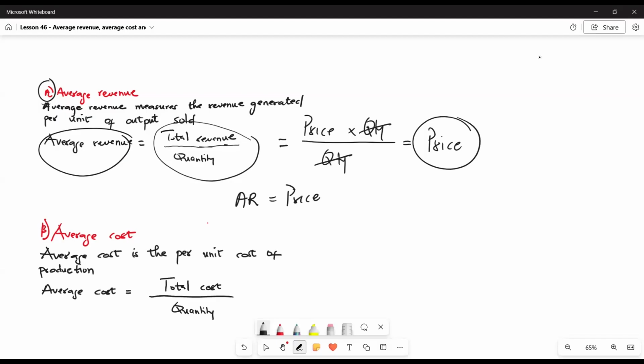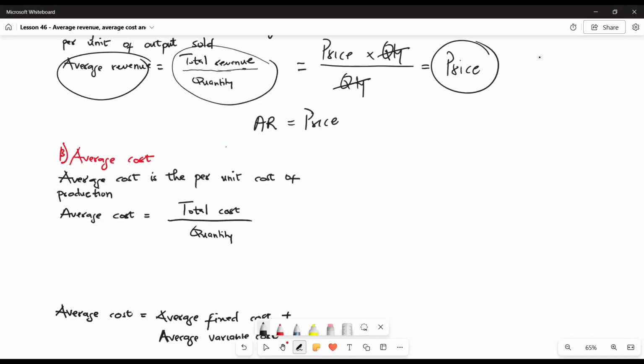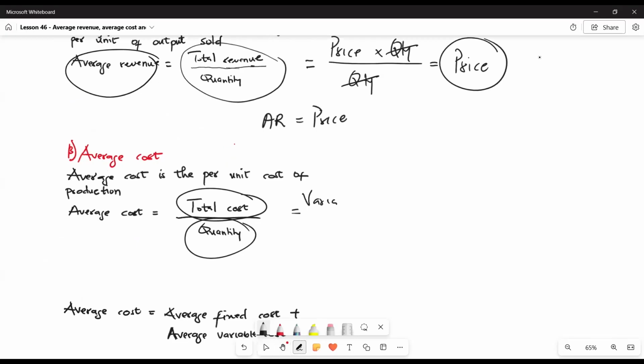Now let's move on to the average cost curve. The average cost curve is the per unit cost of production, and it is calculated as your business total cost divided by the quantity that you produce. Our total cost can be split into two, which is variable cost plus fixed cost.